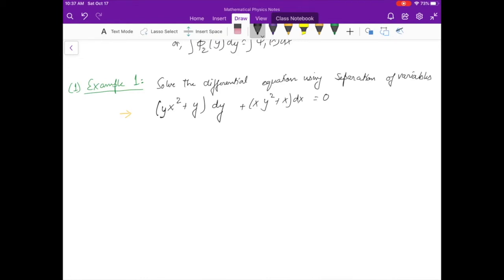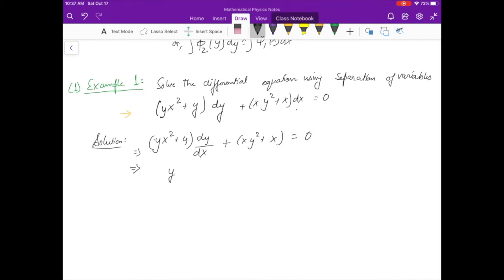So I repeat it again. If you want to use the separation of variables method, make sure that the terms on the left are completely in the form of y with the dy attached to it, and the terms on the right completely depend on x. As the first strategy, we divide both sides so that we get the differential form, as I said in the second definition.